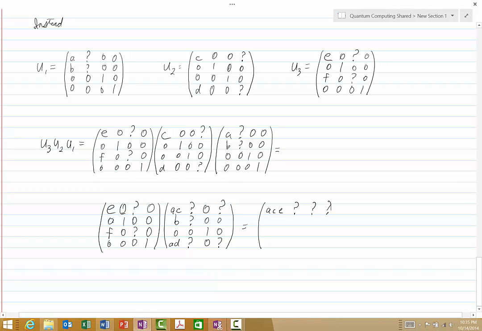Now this will just pick out the second row, so we get B question mark 0, 0. This row now times this column, the question mark is getting multiplied by 0, so that's okay, and we get ACF.